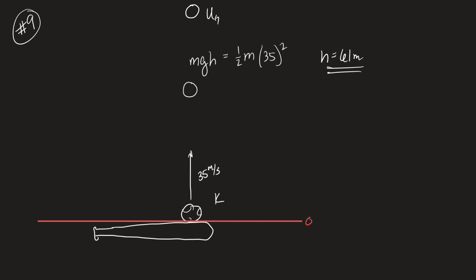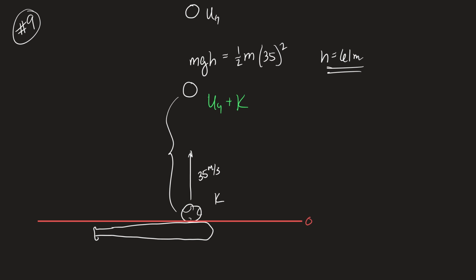But let's just say, okay, 40 meters is here. When it is 40 meters above the bat, it is below this. And the reason I'm saying that is because it's going to have gravitational potential energy there, but that's not going to be all of the energy. Where's the other energy? Kinetic. Yeah, there's no springs, so it still has some kinetic energy that has not yet been transformed into potential energy.